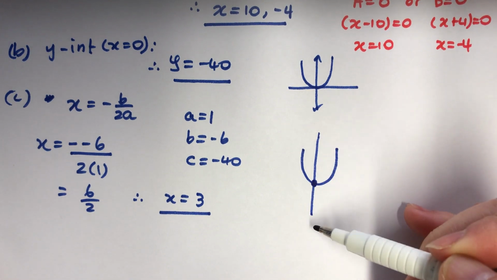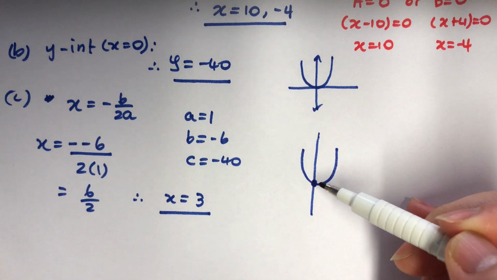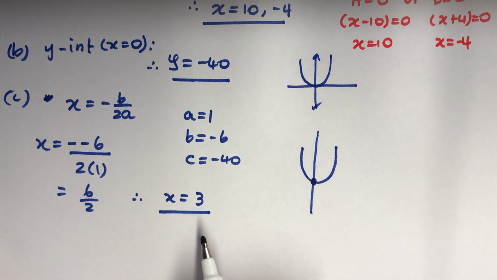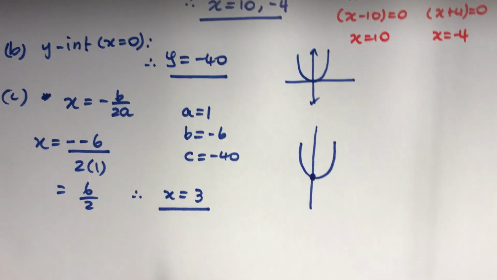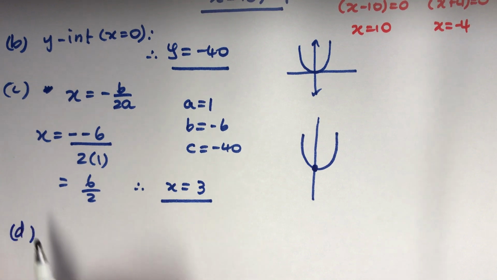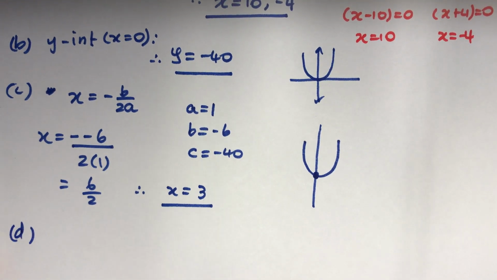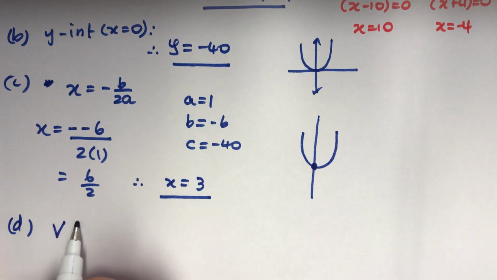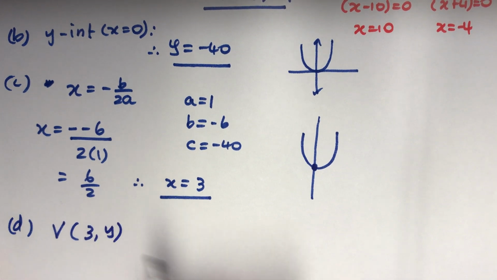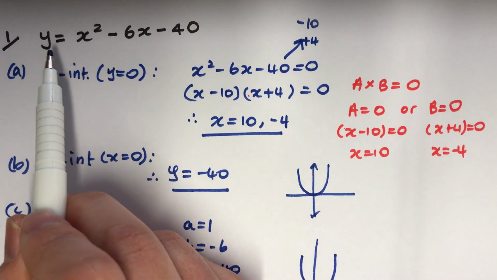That means the x coordinate of your vertex is the same as the axis of symmetry. So d, of course, we want to find the coordinates of the vertex. That means the vertex is 3 and the y. Y we don't know.